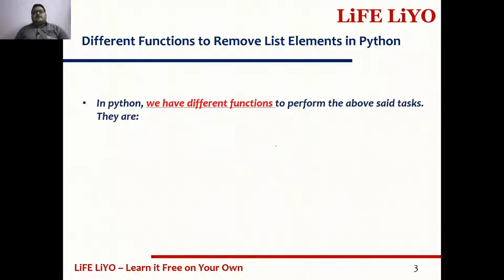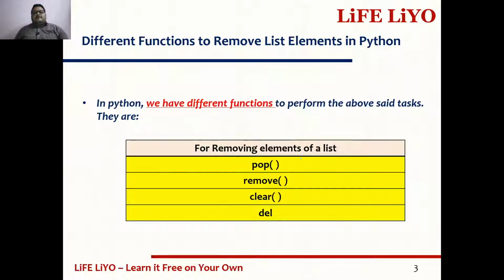Some of them are pop, remove, clear, del. So the pop method, remove method, clear method, as well as del. These are the different options we have for removing the elements of a list.